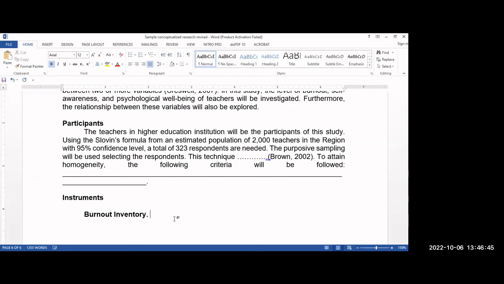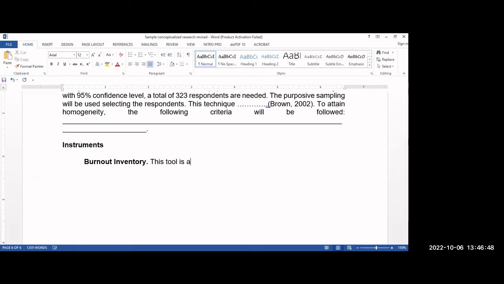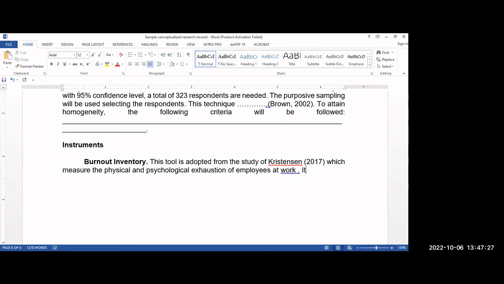And this tool is adapted from study of Christensen, 2017, which measures the physical and psychological exhaustion of employees.